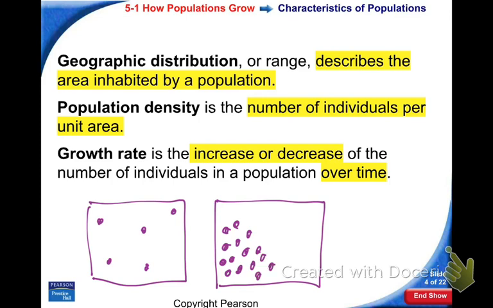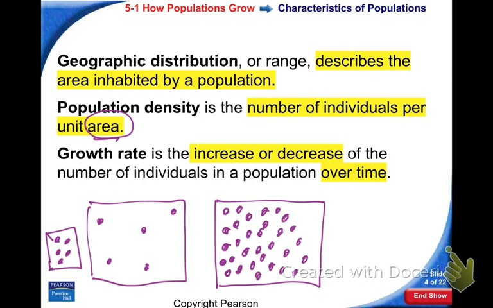You have a much greater population density because those organisms are found closely associated with each other. Now, if I had 1, 2, 3, 4, 5 organisms, but they were in a much smaller area and you have all 5, they would have a much greater density, correct? So densities can vary depending upon how much area you're giving them, okay?